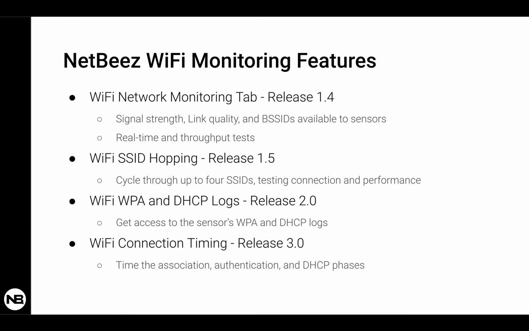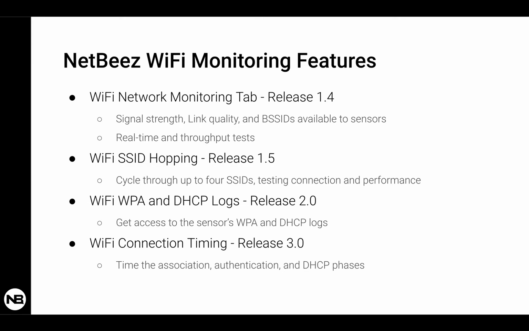In release 2.0, we exposed the WPA supplicant and DHCP logs of the Wi-Fi monitoring sensors. So with that information, what the user can do is identify authentication or association issues with the Wi-Fi access point, or identify maybe issues with the DHCP scope.